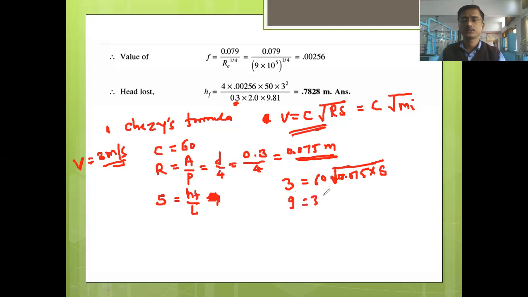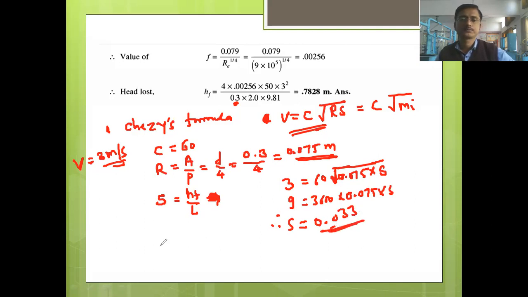What will come here? 3600 into 0.075 into S. Therefore, S is equal to 9 by 3600 into 0.075. 0.033. This is the value of S, right?